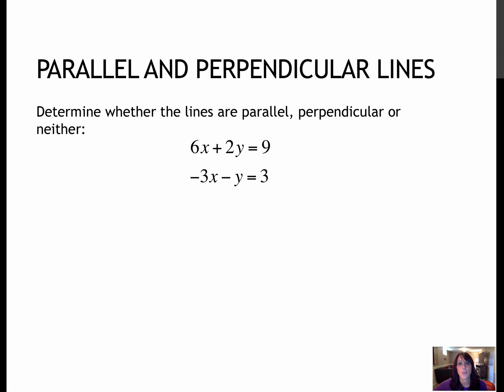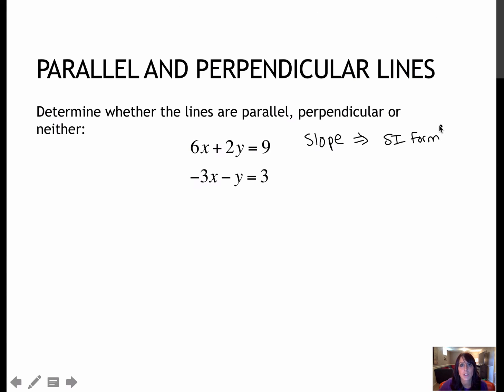The first thing that we want to do is examine equations to determine if the lines are parallel, perpendicular, or neither. I think the easiest way to do that is to find the slopes of each of the equations, and I can do that by finding the slope-intercept form of each equation.